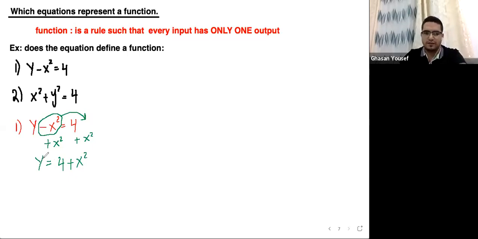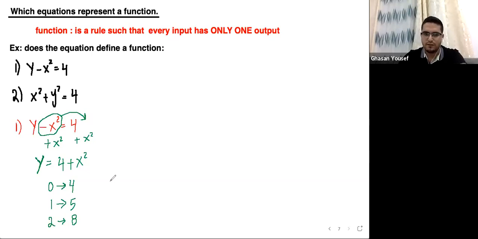As we see here, every input has one output, right? If I plug 0 in the equation, it will give me 4. If I plug 1 inside the equation, 4 plus 1 is 5. If I plug 2, 2 squared is 4, plus 4, it gives me 8.